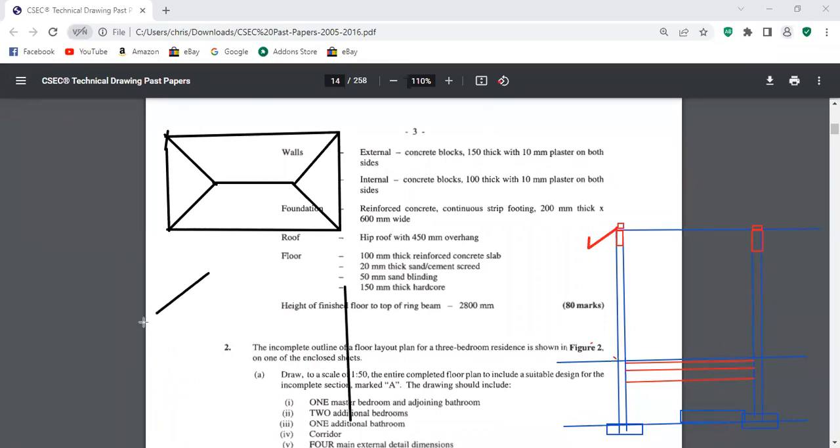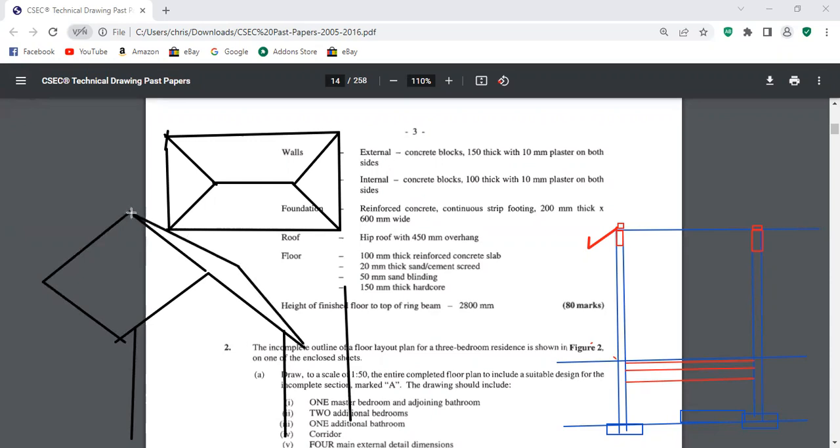A pitch roof has one pitch right there, one slope, and that's one side, and another slope on this side. So these are the walls, and a 3D representation of this would look something like this.